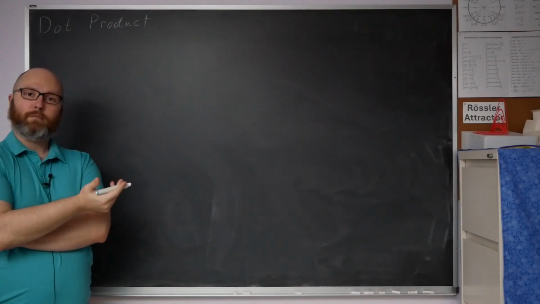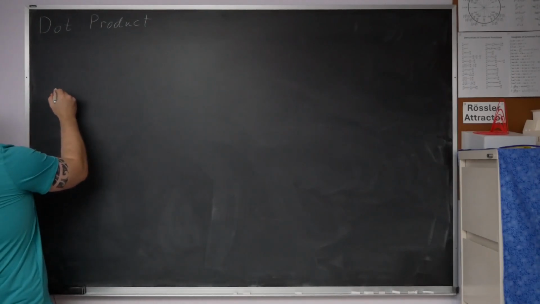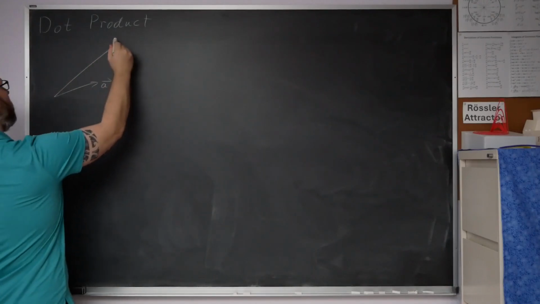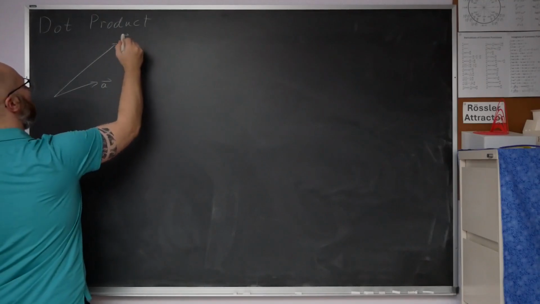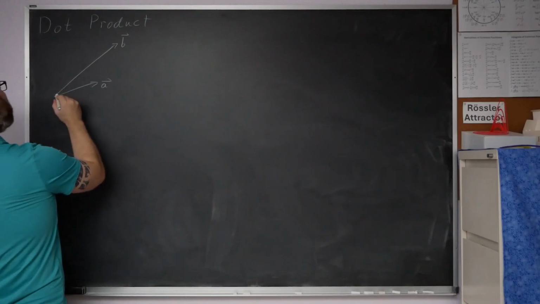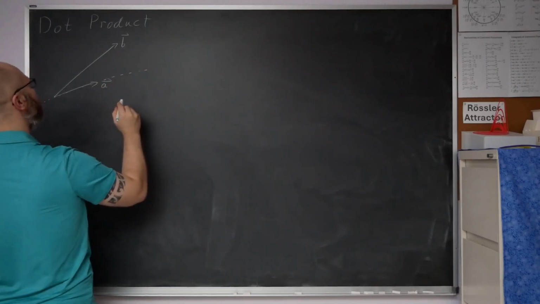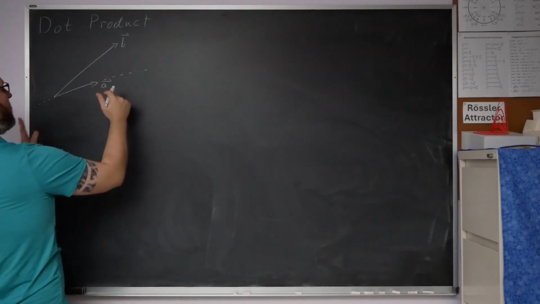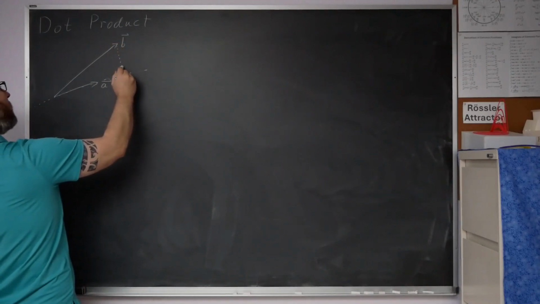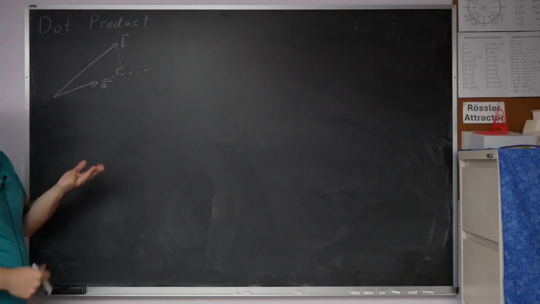So another use of dot product is the projection. It's called projections. Let me just draw a picture of it. So let's say I have vector A, and I have vector B, and I want to project A onto B. So what that means is, let's pretend A, I have this dashed line to the whole thing, and I want to know if I were to take the vector B and bring it essentially directly down at a right angle onto that direction of vector A, how long will that be?